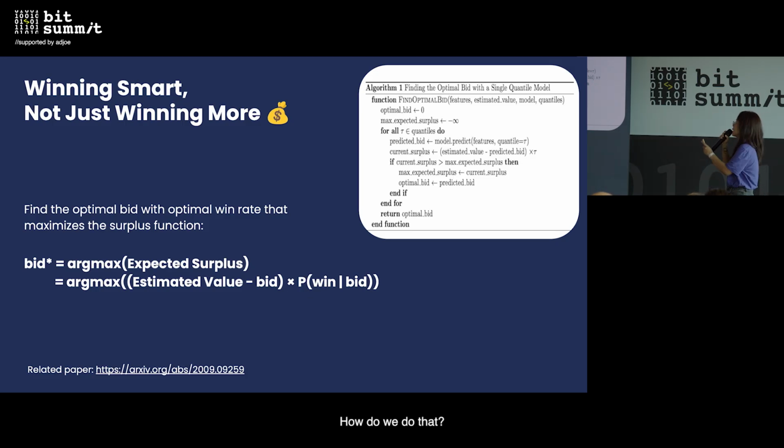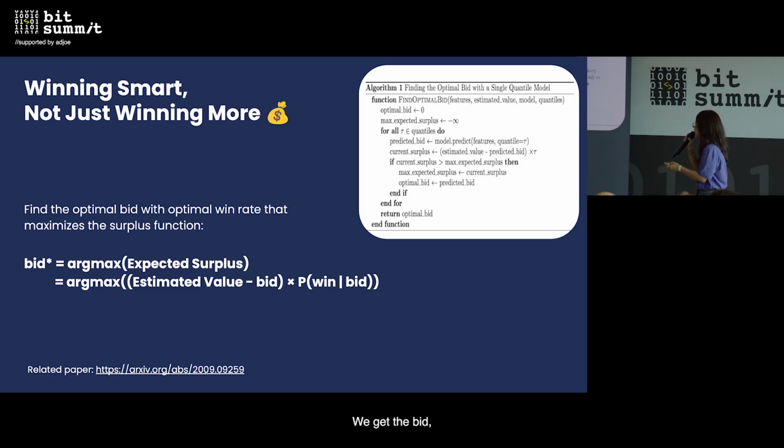How do we do that? Here is a simple pseudocode that we use. So the main idea is we initialize the optimal bid to be some value, for example, zero, and the max surplus to be minus infinity. And then we loop through different quantiles.